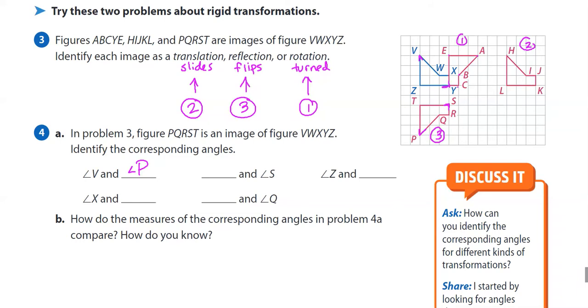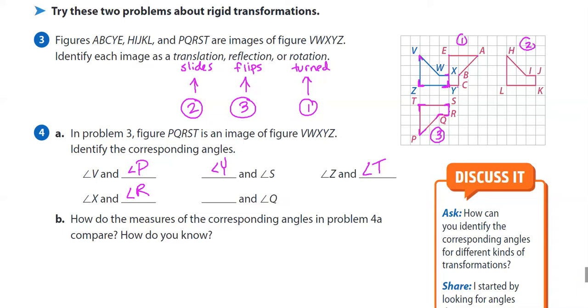It's the bottom up here. Okay, so that's angle Y. Angle Y. And we've got angle Z. And that goes with T. Then we've got angle X. That goes with R. We've got angle Q. Let's see, where's Q?